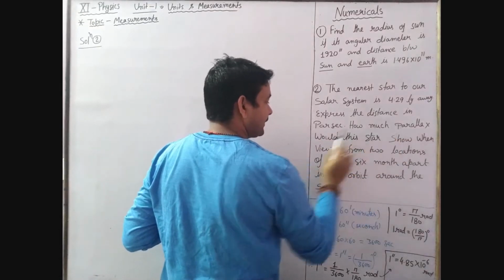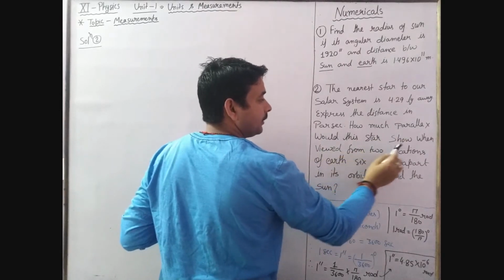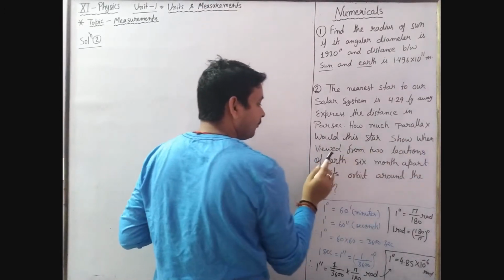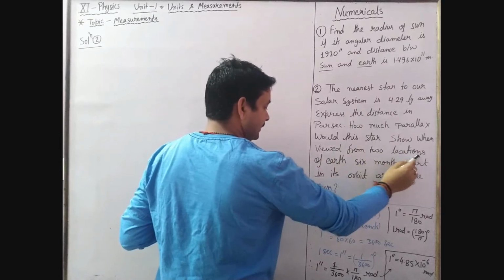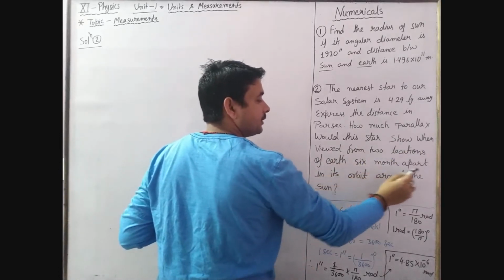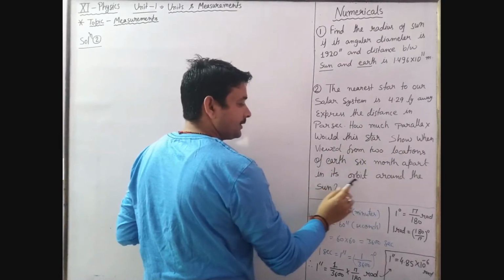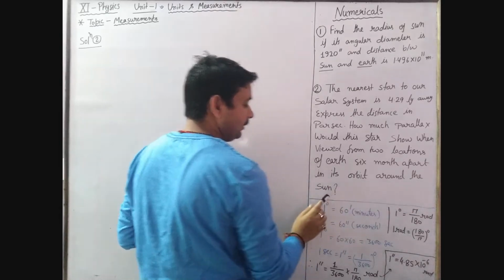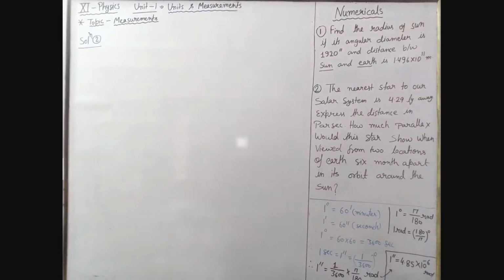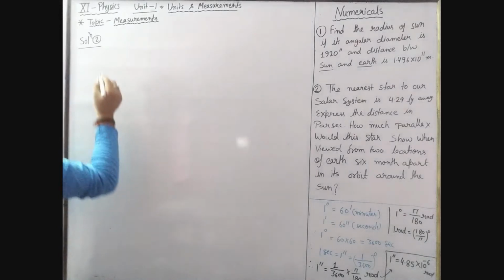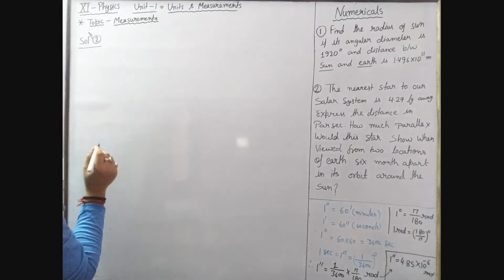How much parallax would this star show when viewed from two locations of Earth 6 months apart in its orbit around the Sun? Okay, so first, what is given to us?